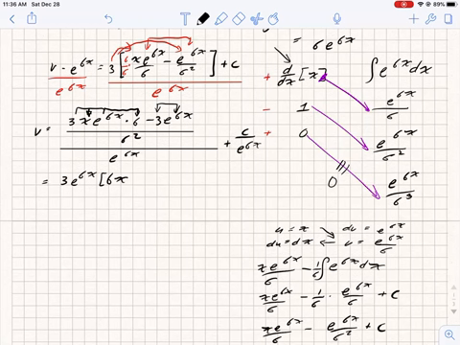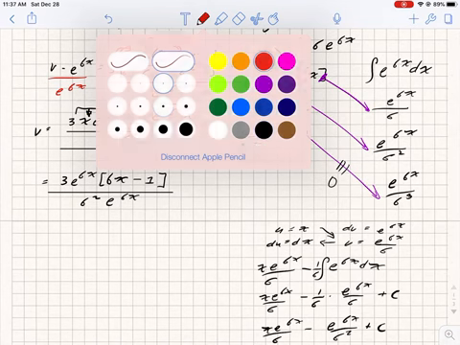Actually, we're factoring out the 3e to the 6x, so this is just simply minus 1. And then we're left with 6 squared e to the 6x.